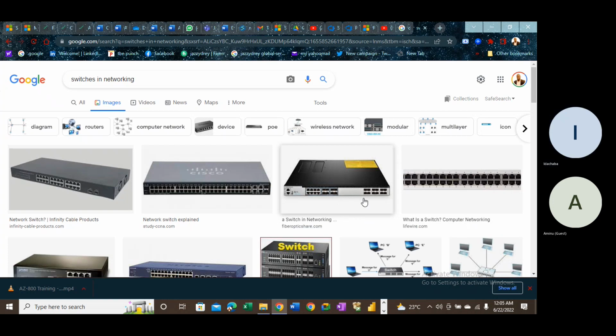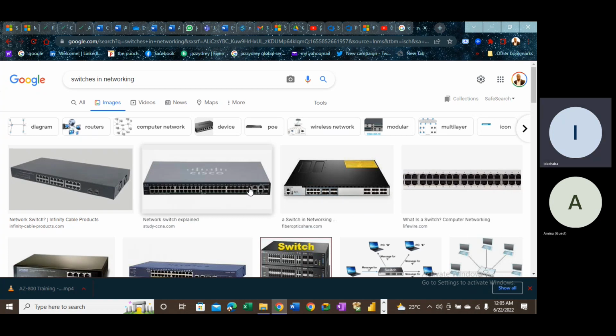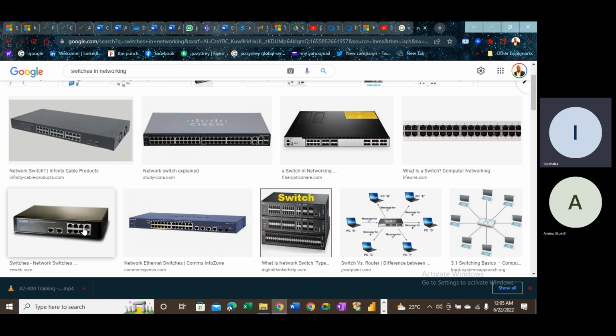So this one: 1, 2, 3, 4, 5, 6. 6 plus 6, 12. This is 12, this is another 12, 24. This is 48. So this switch is called a 48-port switch, because there are 48 ports here. There are also 8-port switches like this one.